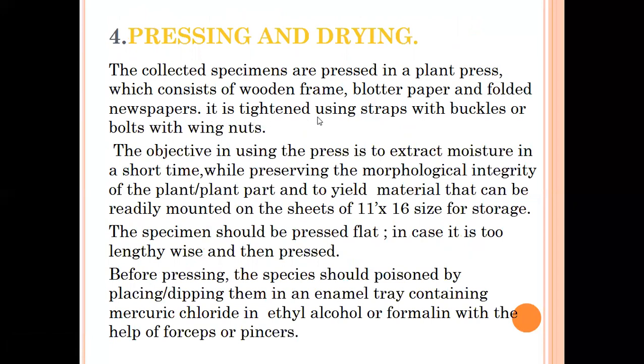It is tightened using straps with buckles or blocks with wing nuts. Mainly the collected specimens are pressed in a plant press. It is made of wood. The plant press consists of a wooden frame with blotter papers or folded newspapers.